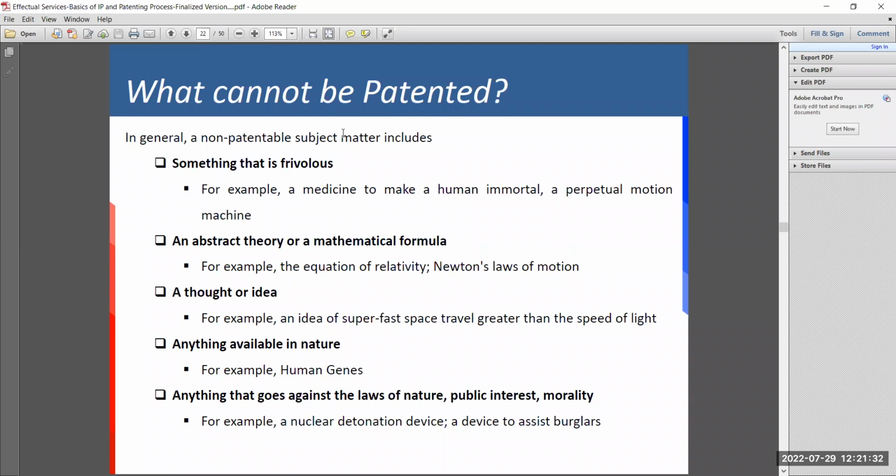Anything available in nature, anything that goes against the laws of nature, an abstract theory, any mathematical formula, any straightforward algorithm cannot be protected. But if I talk about algorithms, their logic can be protected, because under each and every algorithm there is a logic, and that logic can be protected.